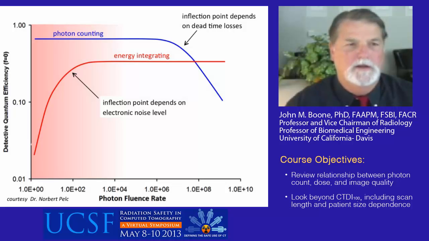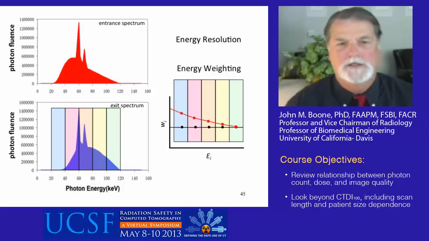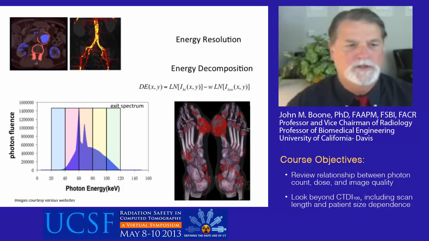So another benefit of energy selective photon counting, as shown on slide 45, is that we can actually measure different energy bins, and we can do selective energy weighting. And we could also do dual energy subtractions, as you see on slide 46. And this image on the upper left shows a combination of iodine and calcium imaging.